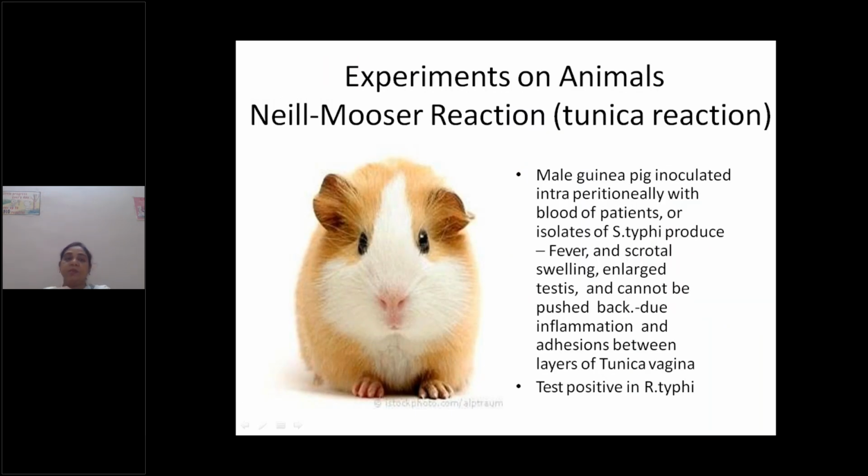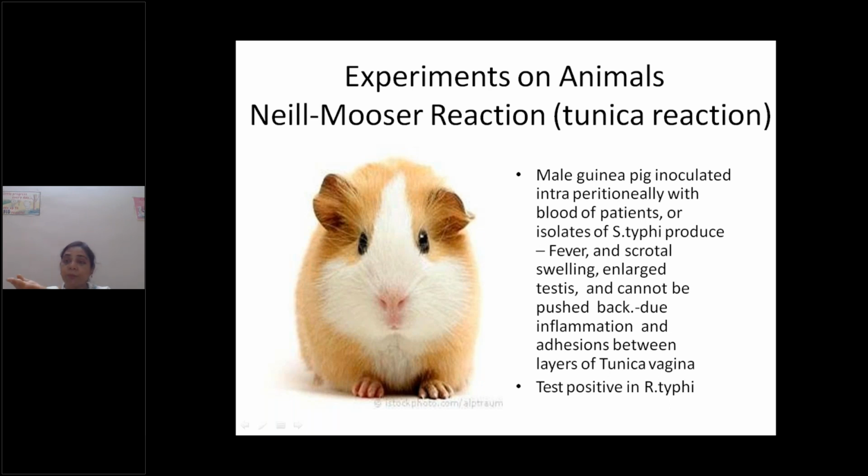Next, you have learned about the Neill-Mooser reaction. Very important point for you to learn. What is this? It's an experimental test done on animals to see for the presence of typhus fever, whether it is epidemic typhus or endemic typhus.